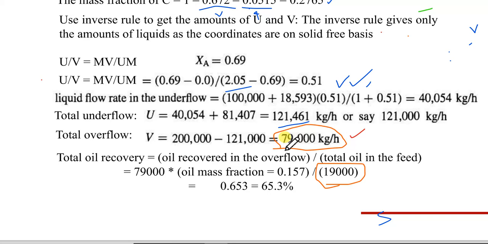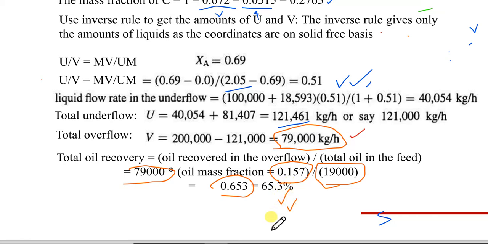The solvent will take the solute. So this times 0.157, the fraction of B with respect to B and C, times this divided by this, which is 0.653. This becomes 65.3.